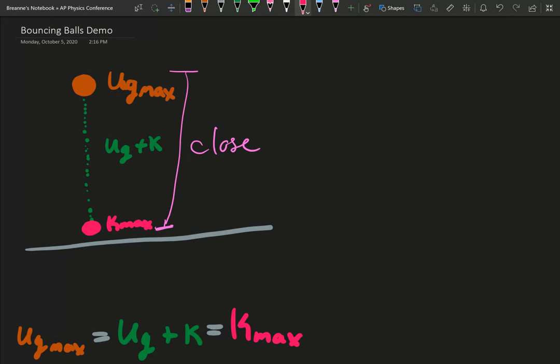Now, as soon as that ball hits the ground, you hear something, right? I mean, you definitely hear it with the golf ball. That sound is a loss of energy. Here you have max kinetic energy, but you're losing energy due to friction.